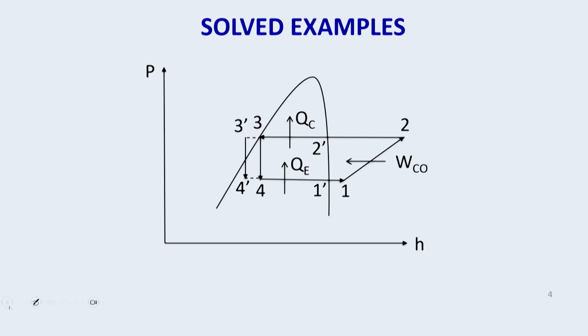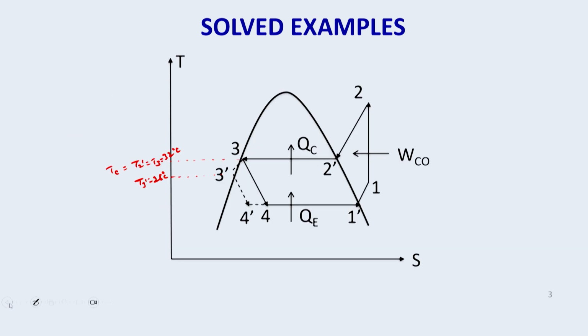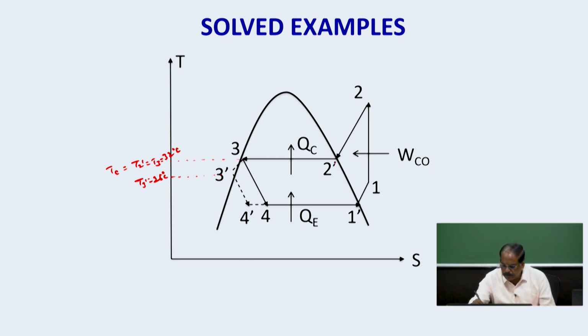Now we have found all the enthalpies. With the help of 1 dash we have found 1. Then we have found T2 temperature. Without T2 temperature we cannot find the superheated enthalpy. For determining the superheated enthalpy, we should know the enthalpy at saturated condition 2 dash, which we have taken from the table. State point 3 is lying on the saturated liquid line.